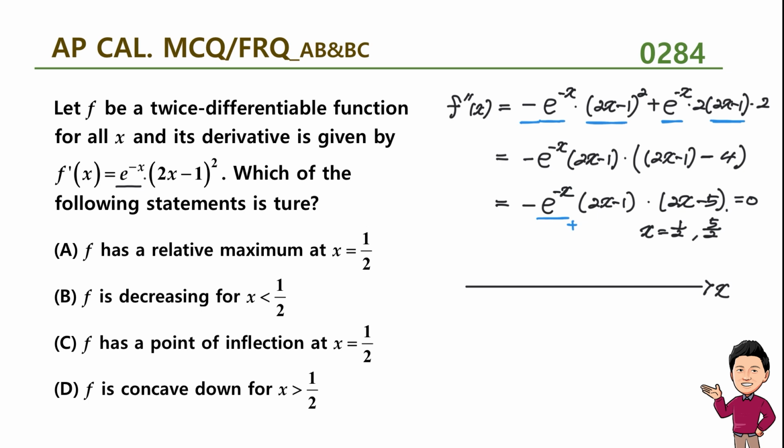The first derivative is equal to 0 when x is equal to 1/2 only, right? So I'm going to write 1/2 and here 5/2. This is the first derivative.